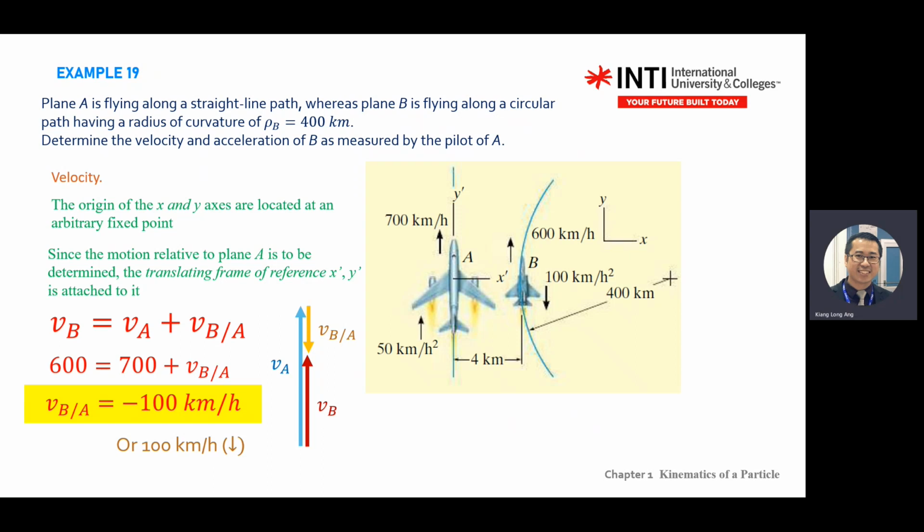You get v_B/A. B from A is negative, because it's going back. From the diagram here, the other one is going forward, to positive.